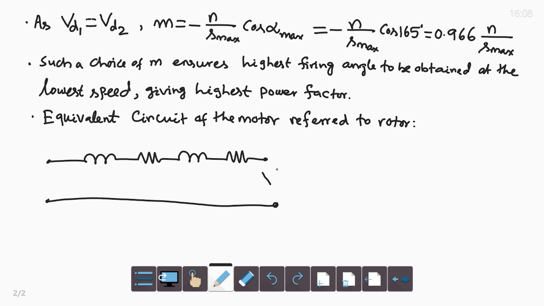At the right side, we have the rotor terminal V2. V2 is the rotor EMF, and R2 is the rotor resistance per phase, and jSX2 is the rotor reactance per phase.